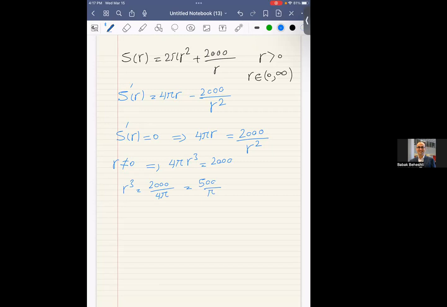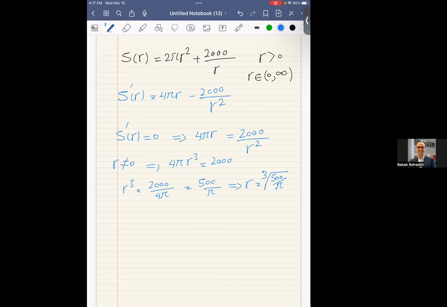That is r cubed. That means r is the cubic root of 500 over pi. That is the only critical point.